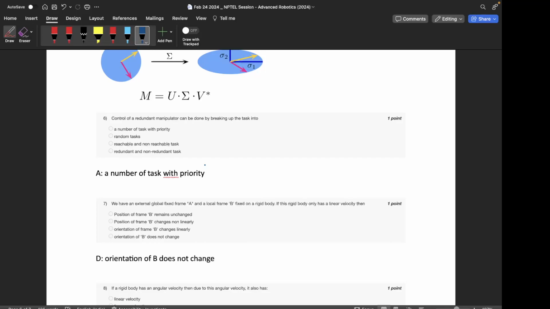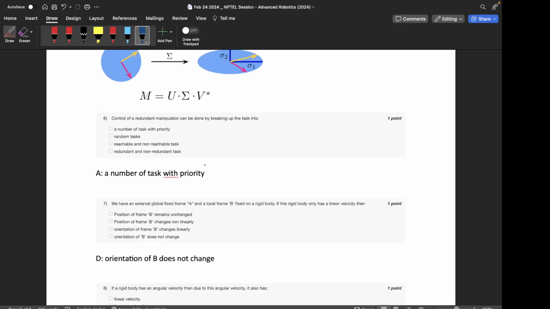But just to motivate the idea, let's say there are three tasks: task one, task two, task three. By task here, I mean that the first could be to follow this trajectory. The second task could be to avoid a certain area, and the third task could be to minimize the joint torques. For me, the first priority task is to follow the trajectory, the second priority is to avoid the certain area, and the third priority is to minimize the joint torques.